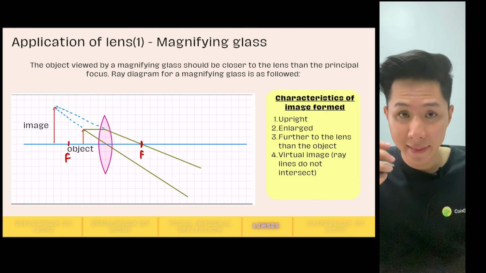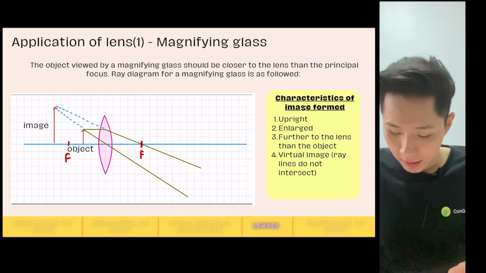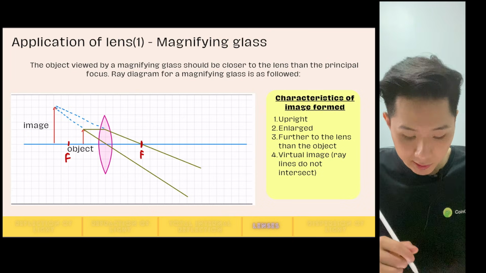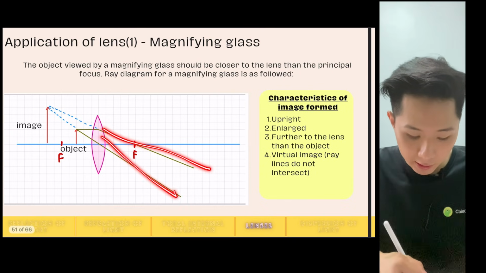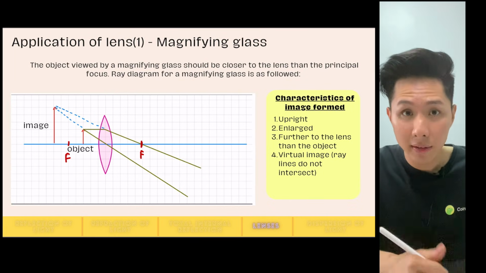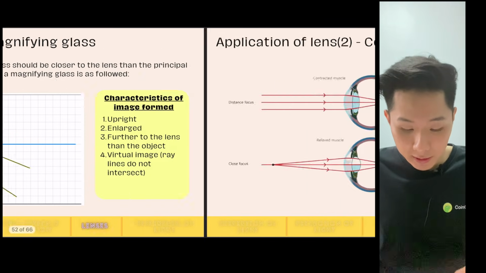It is also an enlarged image because now you can see the image is much bigger than the object. The third one is that it's a virtual image. The image isn't formed by the intersection of these light rays. Instead, it's formed by the extension of these light rays at the back. Therefore, we call it a virtual image. So that's the magnifying glass.